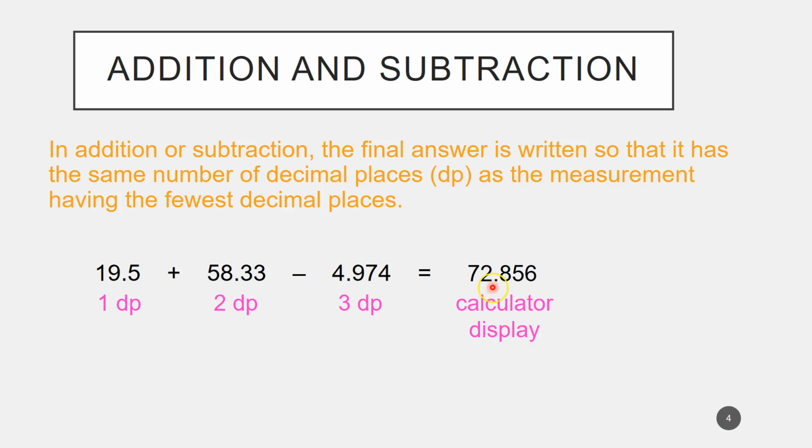My answer should have the same amount of decimal places as the lowest. Therefore, it should have one decimal place, and I have to round it to one decimal place, which is the 8, and it rounds to 72.9.